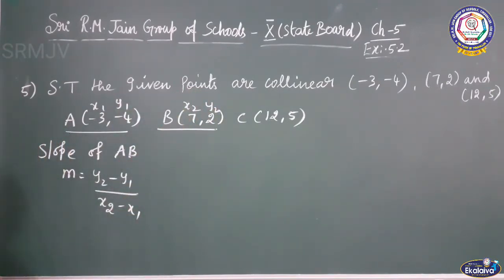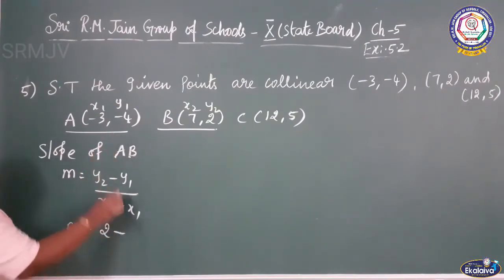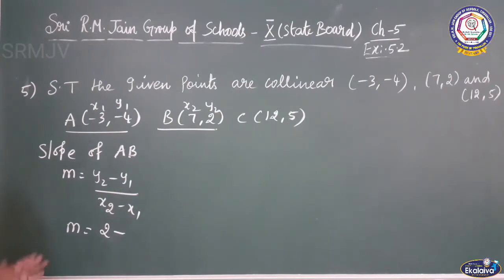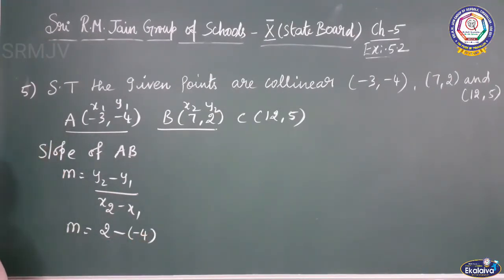So slope m equals y2, which is 2, minus y1. Whenever minus comes, you take it as minus of that value, so put a bracket: minus (-4), by x2, which is 7, minus (-3). You can take this as m1.